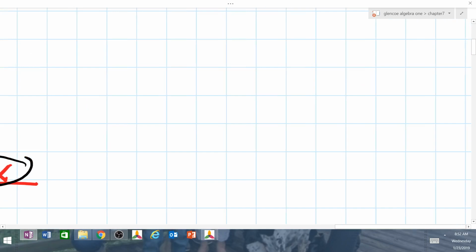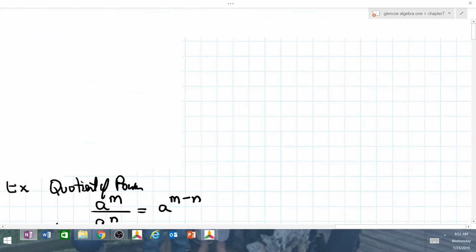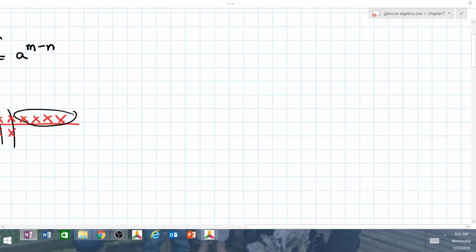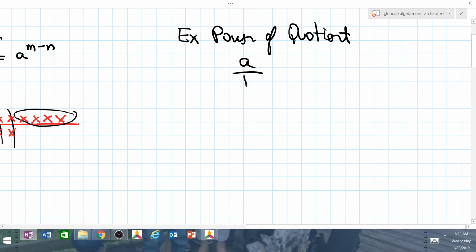So let's spend some time on that rule. This is called a power of a quotient, which is a over b to the m power equals a to the m over b to the m.